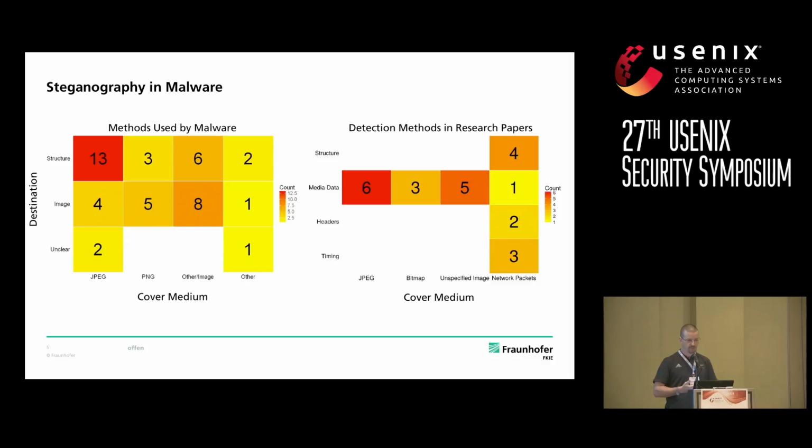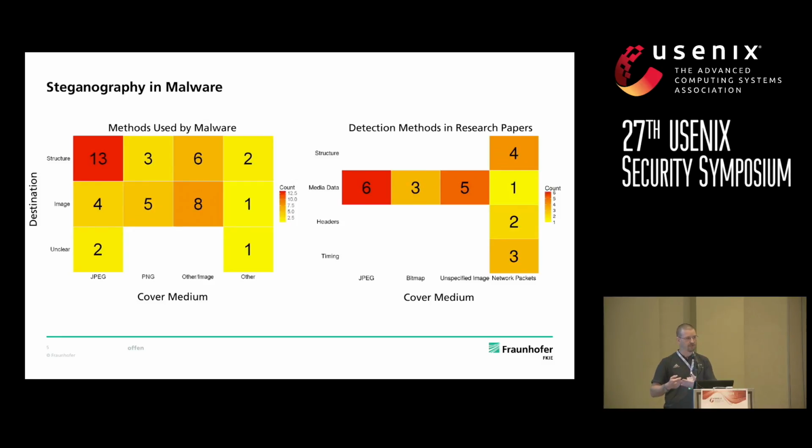There's a lot of research on detecting steganography in media data, but there was actually no published paper on detecting data exfiltration in the structure of files. We thought, this seems to be a really relevant problem in practice, but we don't see any work on it being published. So we really had to get into this.